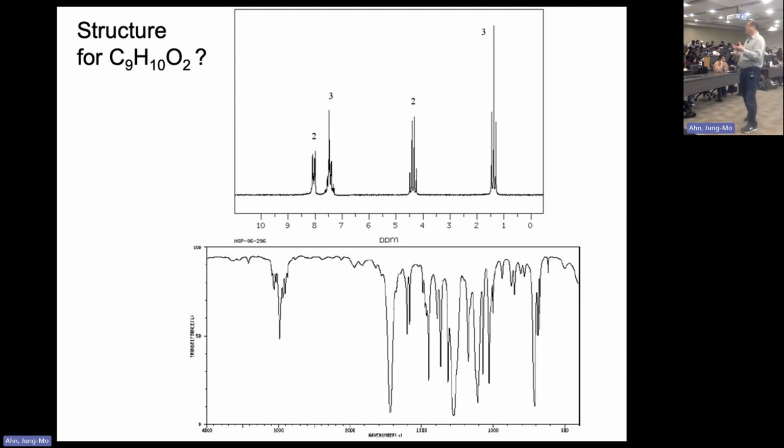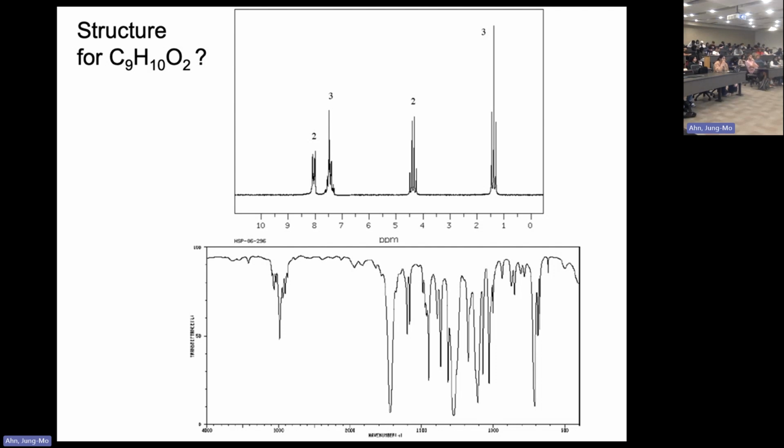IR can give out what functional group it has, like a carbonyl, carbon-oxygen double bond. NMR cannot see the carbon-oxygen double bond because it doesn't have hydrogen. But IR can detect it. So IR could be complementary to the NMR. So now you're getting used to solving the structure using multiple spectra.